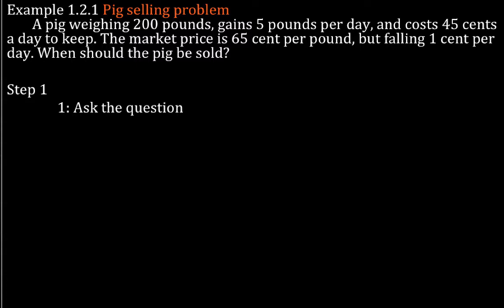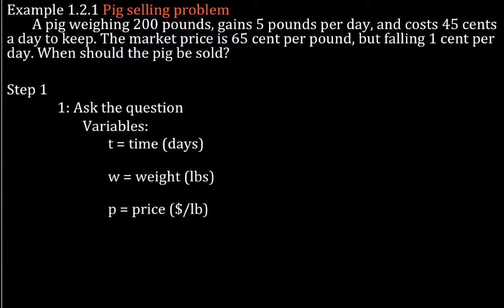Then we can specify all quantities mathematically. Now you see they talk about time, days. So for variables, we can say T is the time in number of days. Then we can use W, weight of pig. And next one is price.